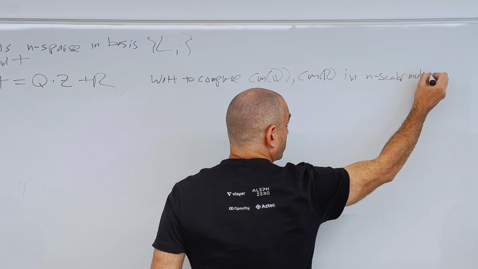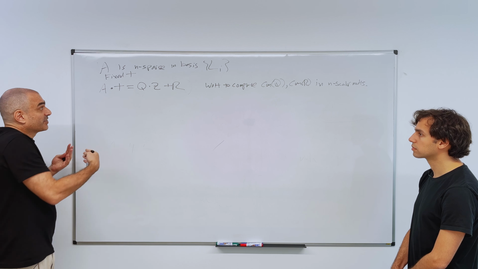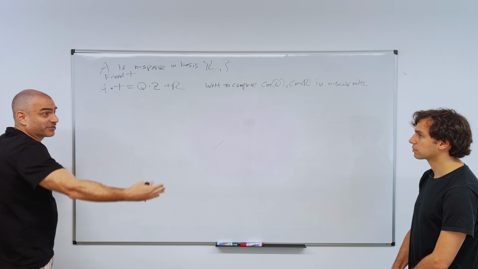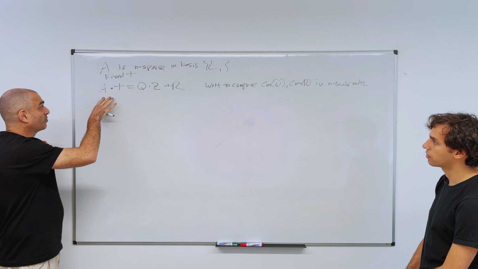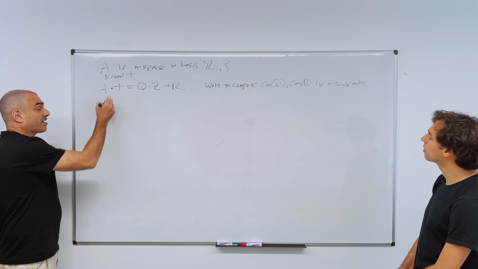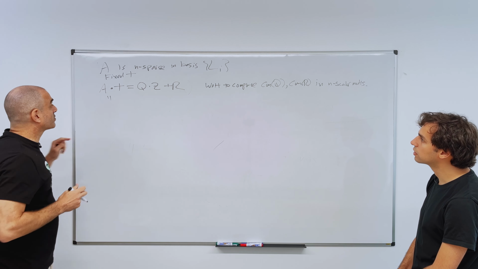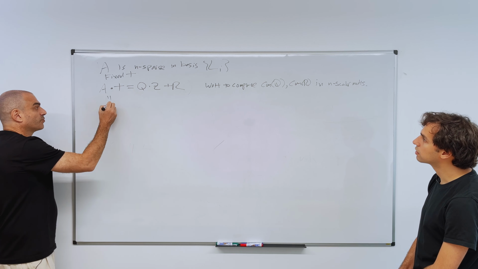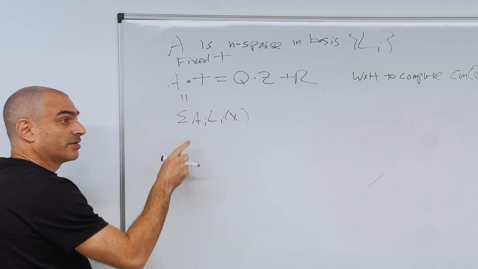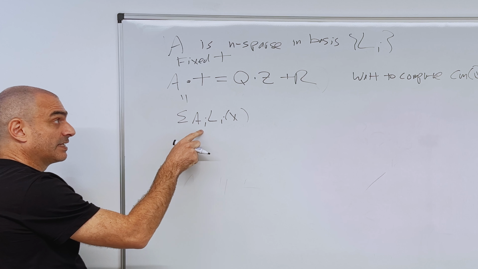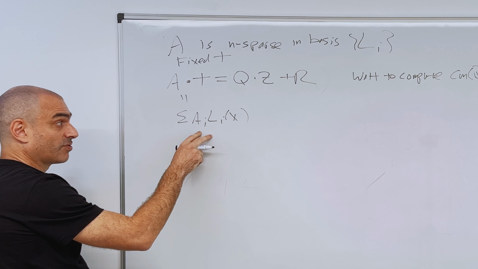The reason we can do this is that, since division is linear, the sparsity is inherited. To see what I mean, let's write this out in the basis Li. We know that A is the sum of ai Li(x). Again, we know that only little n of these are non-zeros.